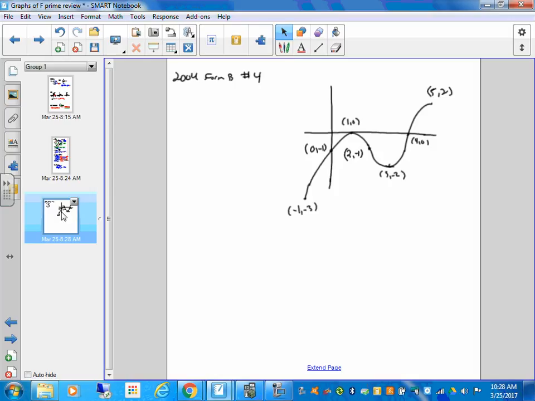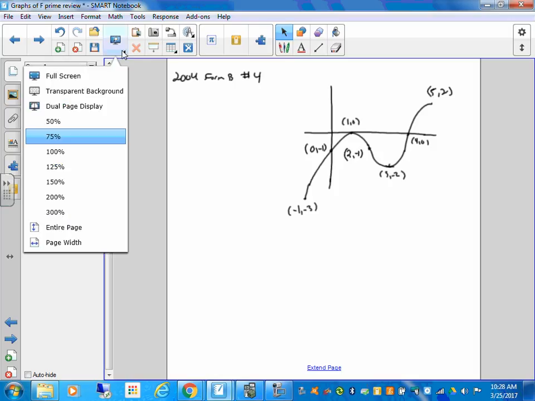Number 4, right? Okay, and I didn't write down anything else, I did read a picture for this one.